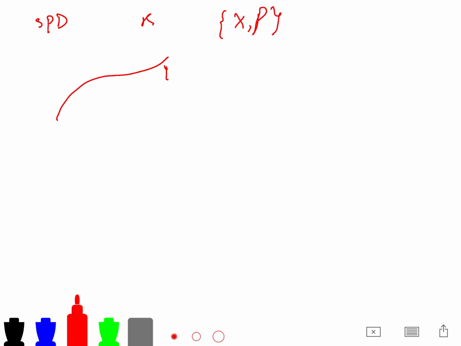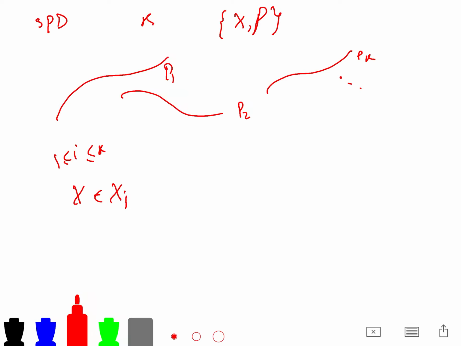For example, this is path 1, this is path 2, until path k. For every i between 1 and k, and every subset x in X_i, there exists a unique path P_x such that P_x is a shortest path. And also for every i, X_i consists of all connected components of G minus P_x over all x. So what does it mean?